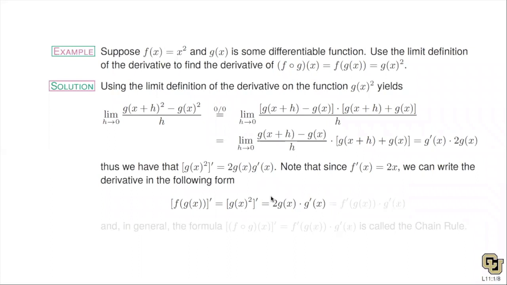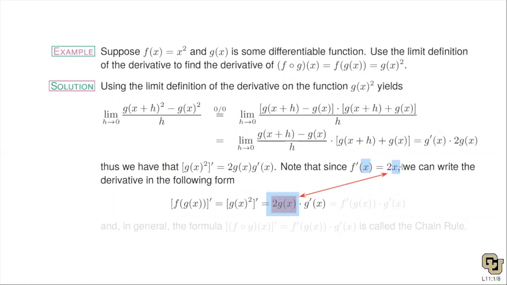This part, 2g of x, looks just like this 2x, except instead of having an x in here, if I replace this x with a g of x, then that looks exactly like this term.